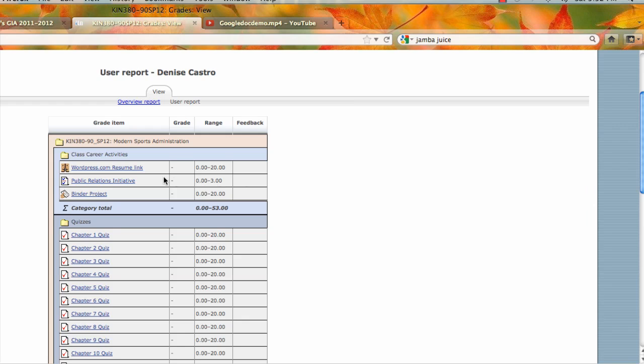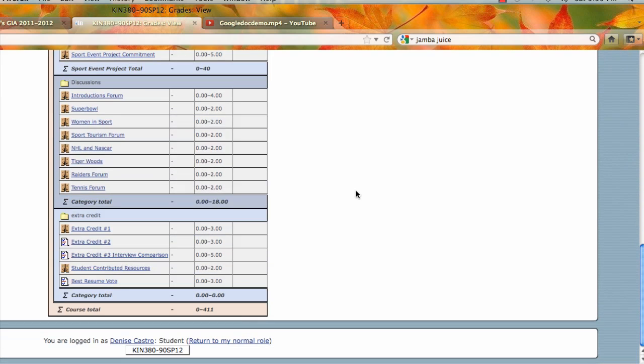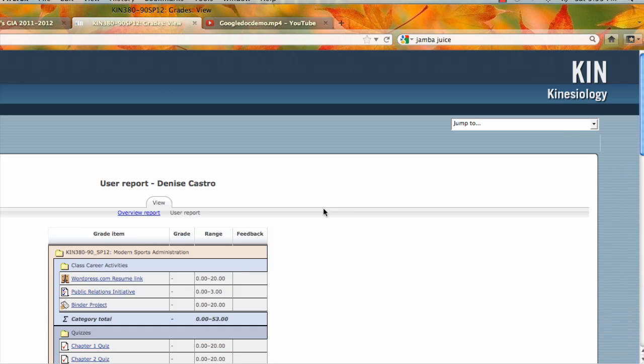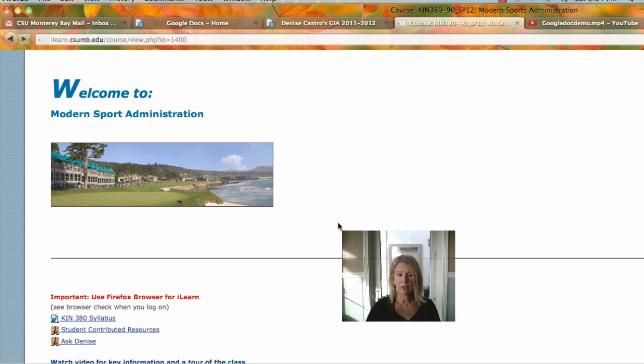So it would be possible for you to just add up the amount of points you got out of how many points are completed in the class so far, and you would have a good understanding of your standing in the class. We are aiming for around 400 and some points by the time it's all said and done. Let me know if you have questions along the way.